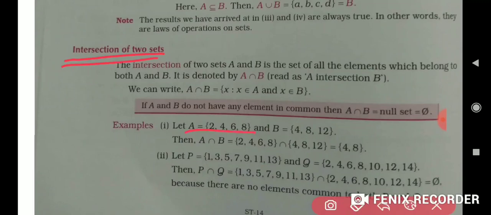The set A contains the elements 2, 4, 6 and 8 and B contains the elements 4, 8 and 12. So what are the common elements here? 4 is there as well as 8. So 4 and 8 are the common elements of A and B. So A intersection B means 4 and 8.